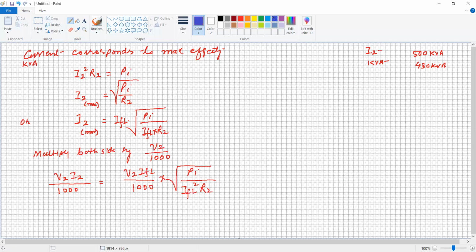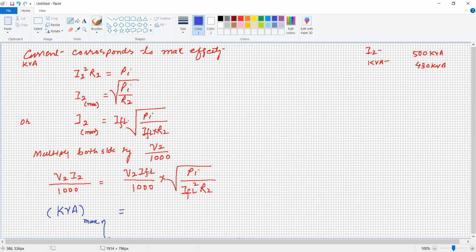Now look at this equation: V2 I2 divided by 1000. V2 I2 is the VA rating divided by 1000, so it becomes the kVA rating. kVA corresponding to maximum efficiency.